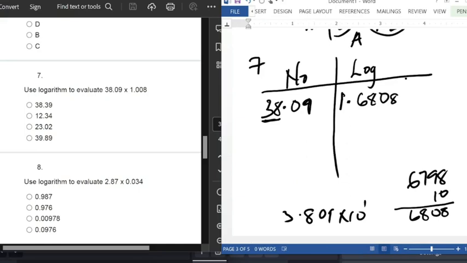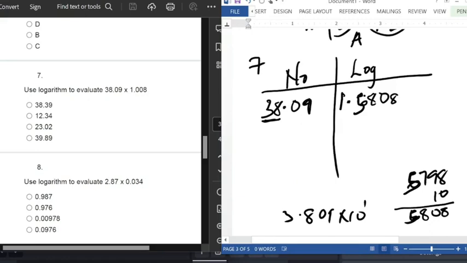You must be able to get the same thing. Just press log 38.09. I did not check that very well. You can see what we have, 38 under 0 is 57, not 67. Okay, it's 57. So this is 5808, which is correct.